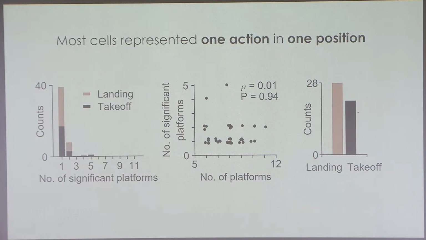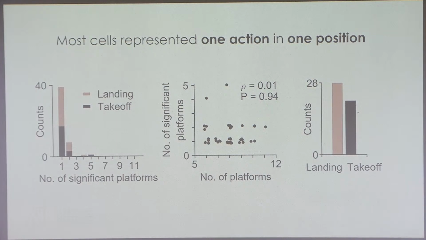And it seems here that the number of significant platforms doesn't increase with the number of overall platforms, although we only checked between 6 and 11 possible platforms. So I don't know what will happen if I have 100 platforms. Would it be like a percentile, or would it still be 1 or 2? Or, Pietro, like yours, will it be 1 or 2 and many? I don't know.